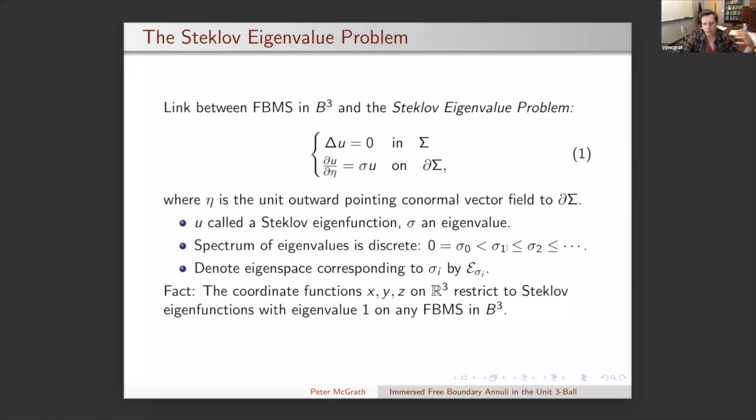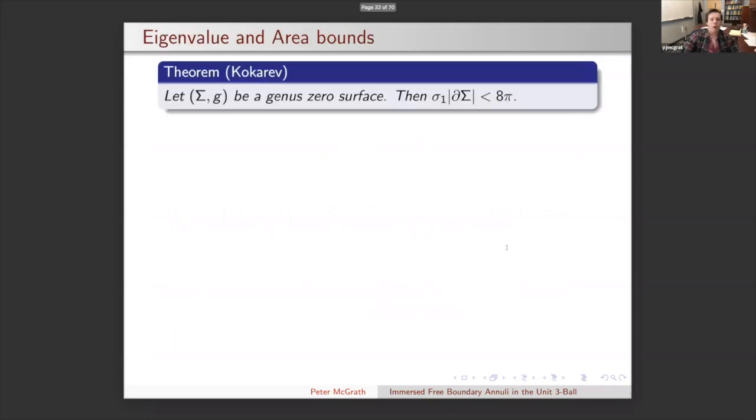So checking this is essentially a triviality, but this is the beginning of a very strong and important and not completely well understood link between the intrinsic Steklov eigenvalue problem and the free boundary minimal surfaces.